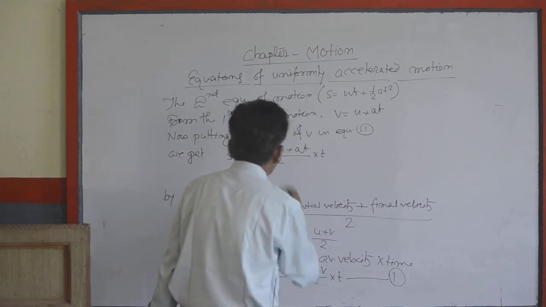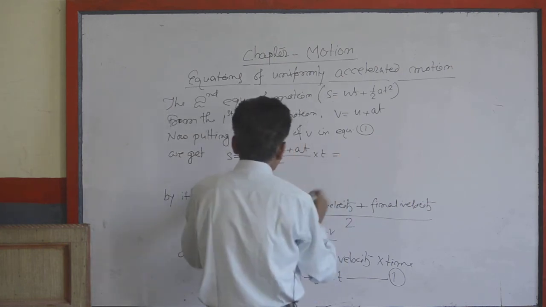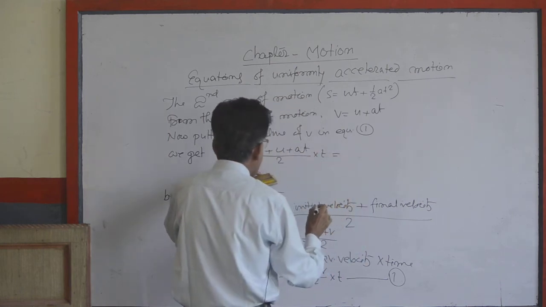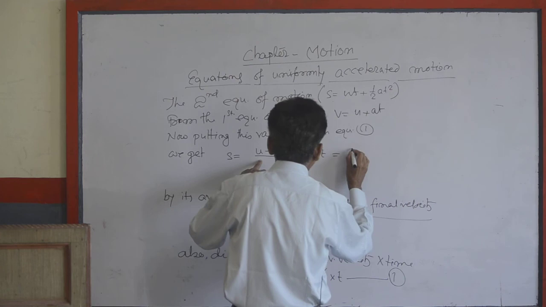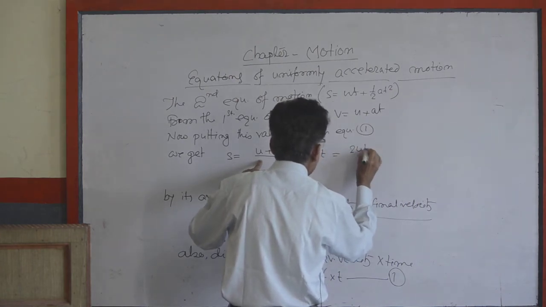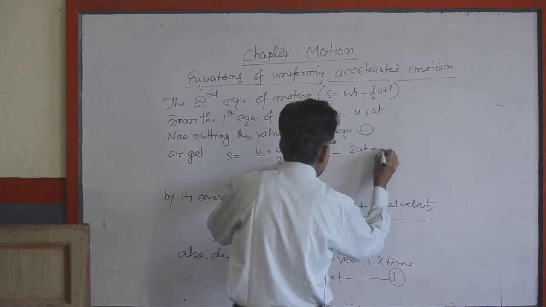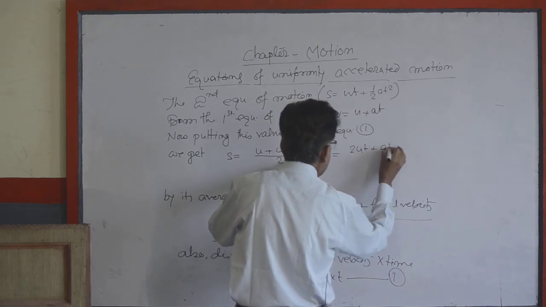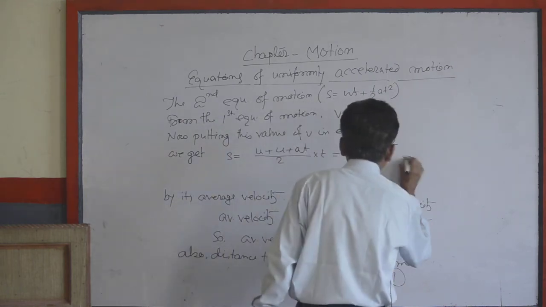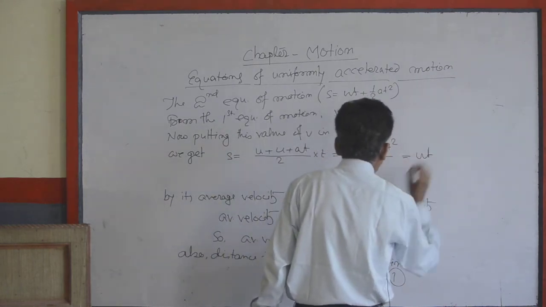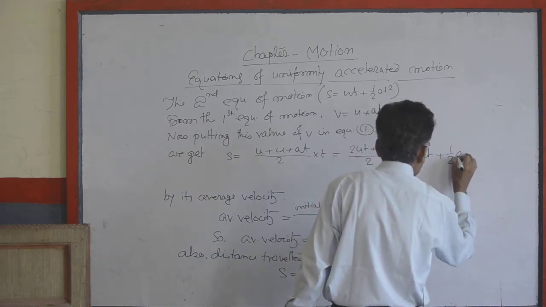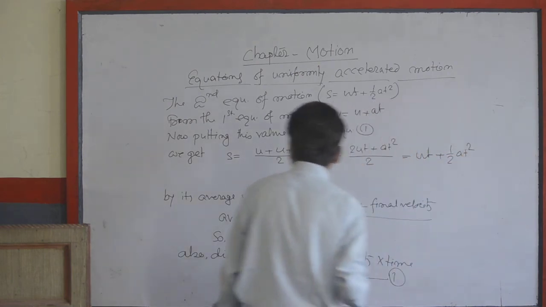That is 2ut plus at square by 2, equal to ut plus half at square.